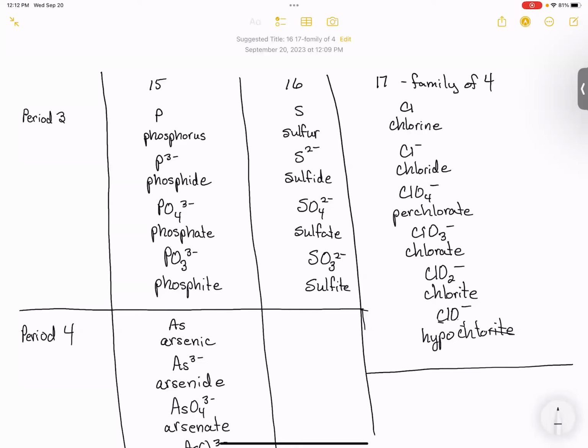And this is me trying to help you memorize the polyatomics. So if you look at the left-hand side on period 2, when we were dealing with period 2 on Monday, I said the ATE is going to have 3 oxygens. And the charge is going to decrease by 1 as you go from boron down to carbon, down to oxygen or nitrogen.